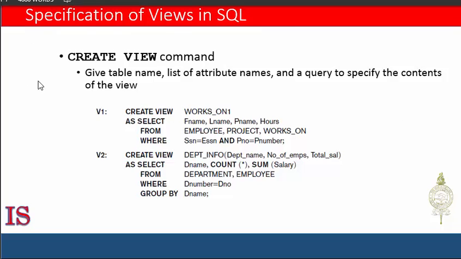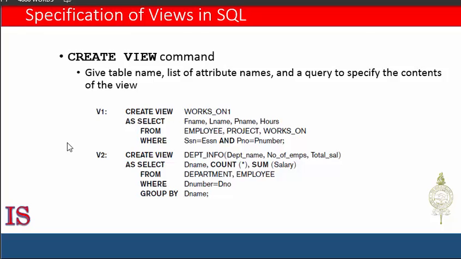Let's take a look at a couple of these views. CREATE VIEW WORK_ZONE_1. You recall our work zone table that we created in an earlier lecture. CREATE VIEW AS, and then the query: SELECT first name, last name, project name, and hours FROM employee, project, work zone, WHERE SSN is equal to ESSN.